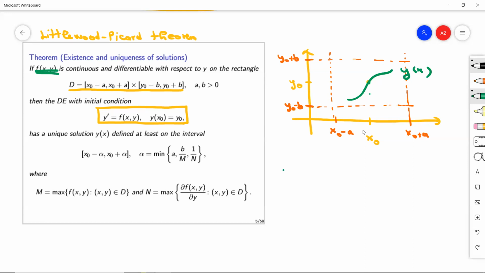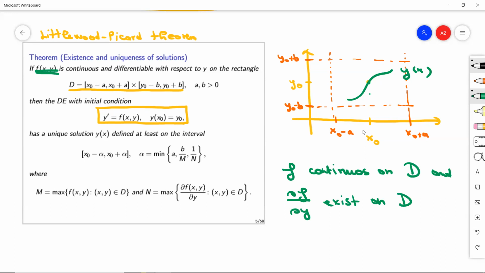So f is continuous on the rectangle D, and the derivative of f with respect to y exists on D. This is our condition.